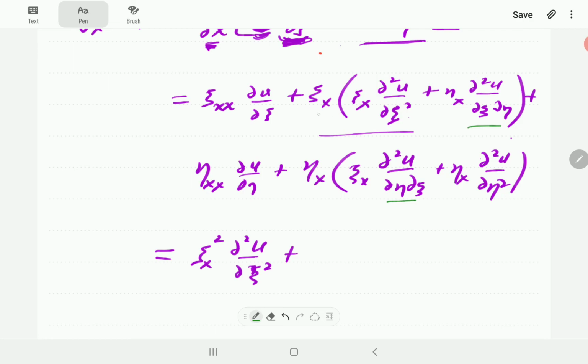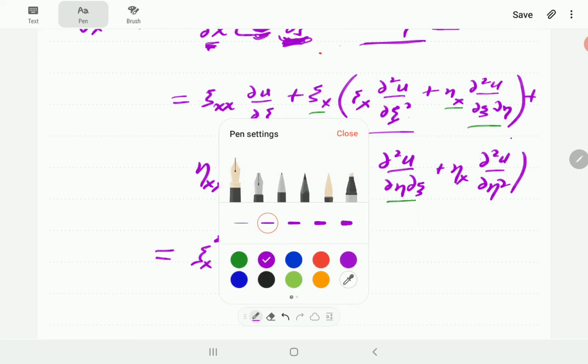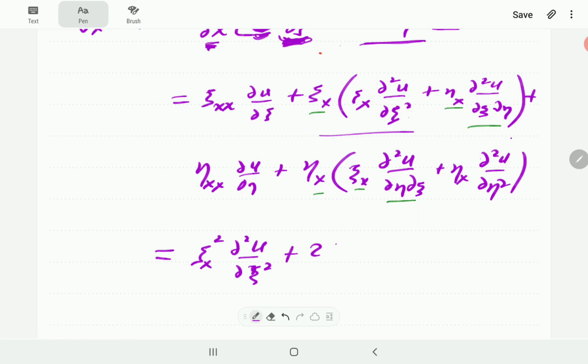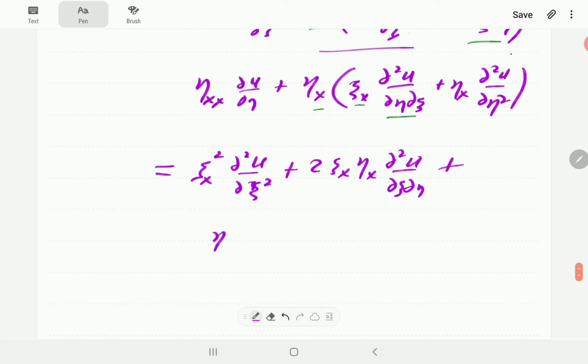Both of them have got xi x eta x, xi x eta x. So there's two of those. So we're going to have 2 xi x eta x, second order derivative with respect to xi and eta. And then the last second order derivative is going to be this one with respect to eta squared.